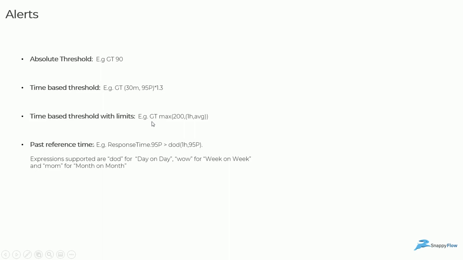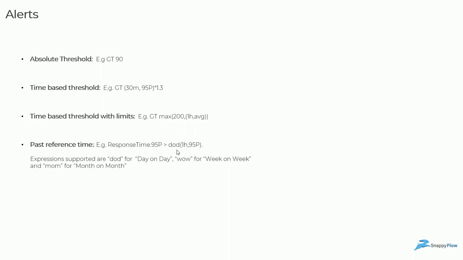Time-based thresholds with limits. Example, greater than max of 200 or 1 hour average. So this alert is triggered only if the primary metric value exceeds 200. Both max and min are supported. We can also compare the primary metric with the past reference time.